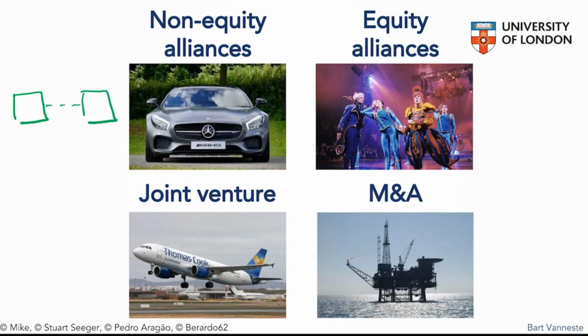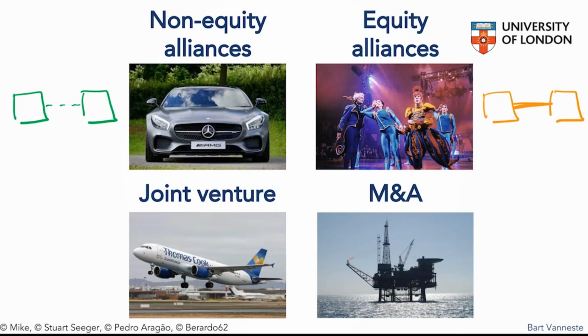There's intense collaboration, but there's no equity. That means Fosun does not have a stake in Daimler. Fosun also has an alliance with Cirque du Soleil. Now, the difference with this one is that it's an equity alliance, meaning that Fosun has an ownership stake in Cirque du Soleil.